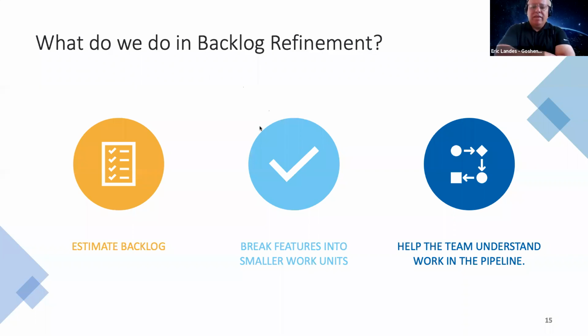Yeah, when we were first talking about this, often it's the product owner who's perceived as the person who authors all the backlog items. The reason we don't say the product owner breaks features down into smaller work units here is because the Scrum Guide advocates that anybody can contribute to the product backlog.